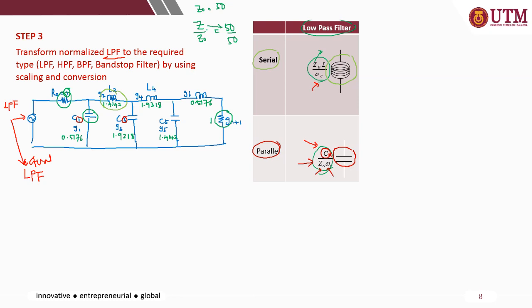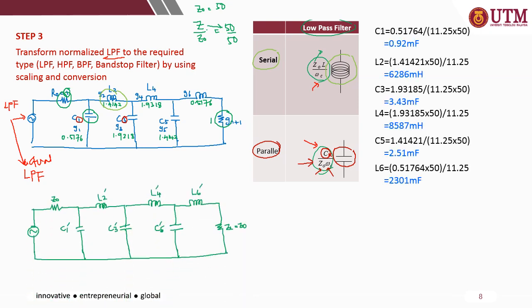So in the final circuit, C is maintained as it is, but the new C1 will be calculated using this equation: the current C, C1, divided by Z naught 50, omega C is 11.25.